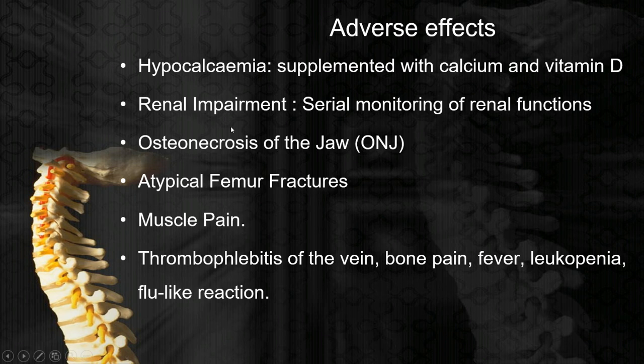As already mentioned, osteonecrosis of the jaw can occur, though the causal relationship has not been established. Atypical femur fractures and muscle pain can occur. With parenteral bisphosphonates, thrombophlebitis of the vein, bone pain, fever, leukopenia, and flu-like reaction can occur. With oral bisphosphonates, severe esophagitis can occur.